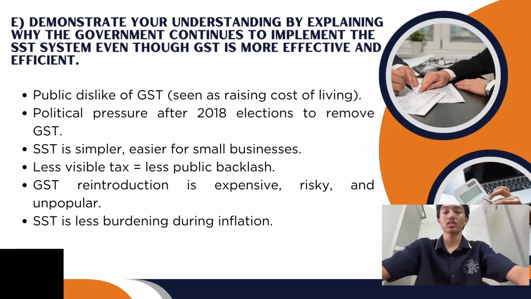When GST was introduced in 2015, many people believed that GST would make their cost of living increase. This perception led to public backlash and was a major issue in the 2018 general election. The new government responded to public opinion and demanded the elimination of GST, returning to SST to ease the burden of taxes on the people.